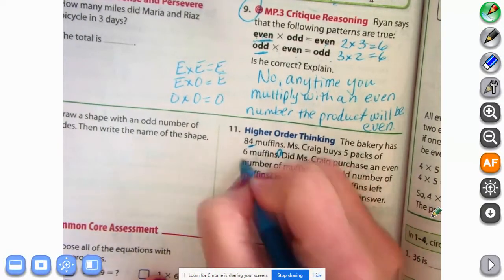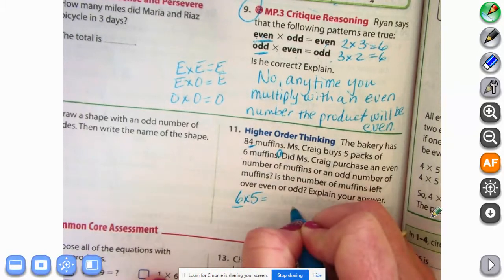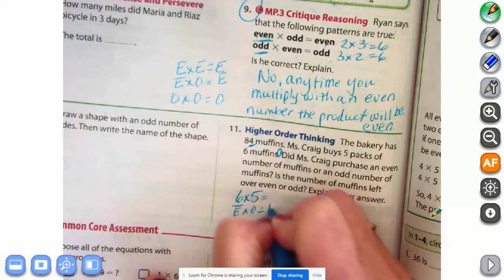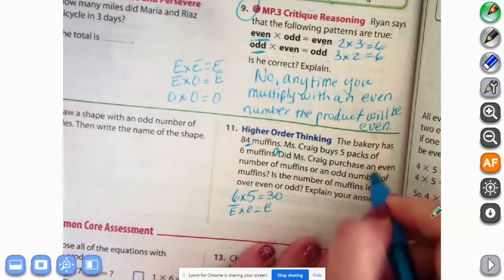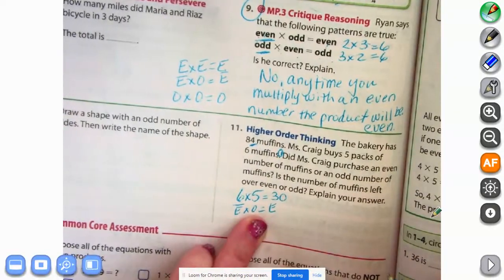Okay, so we have an even number, 6 times 5, that's even. So we have an even times an odd will equal an even. Okay, so did she purchase an even number or an odd number? She purchased an even number.